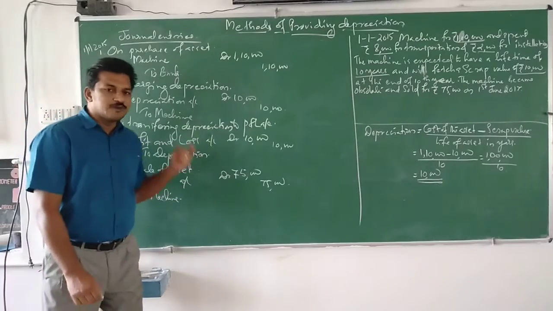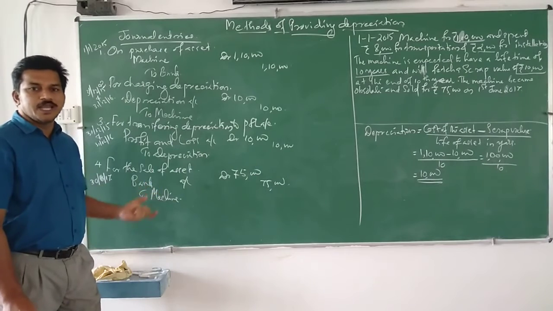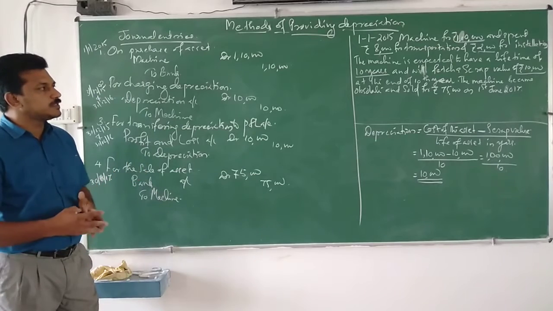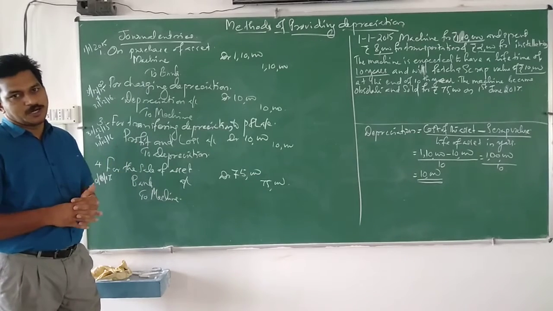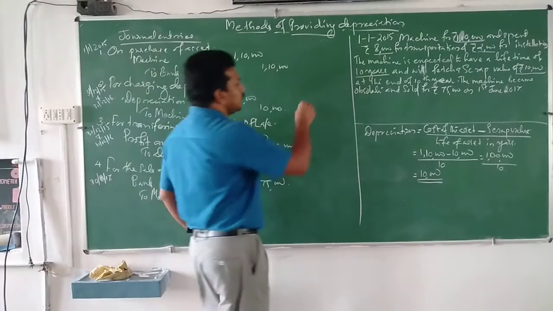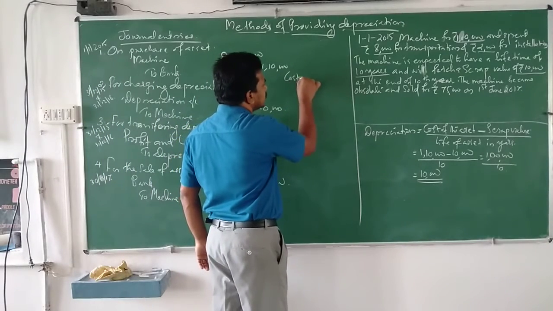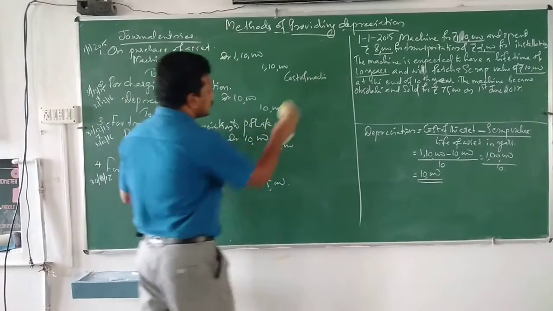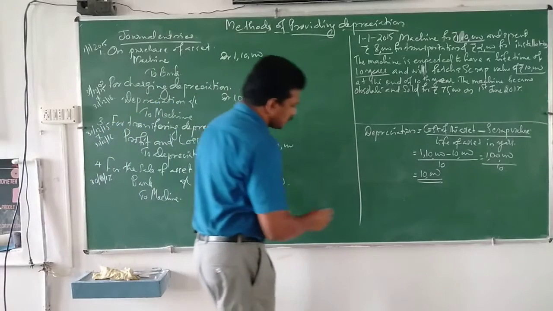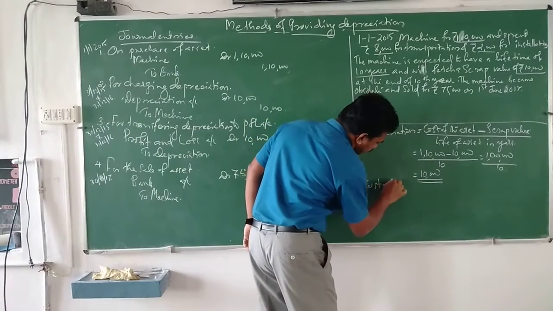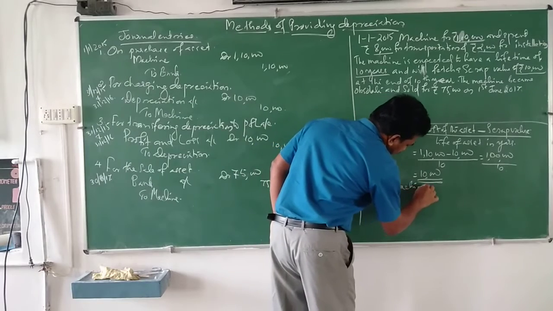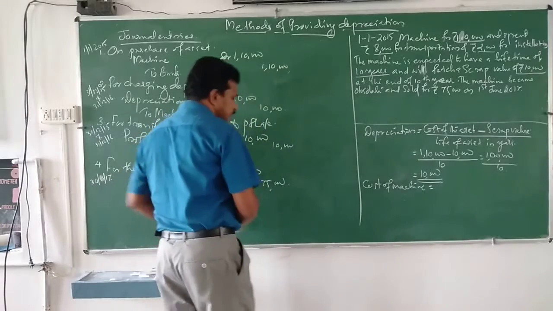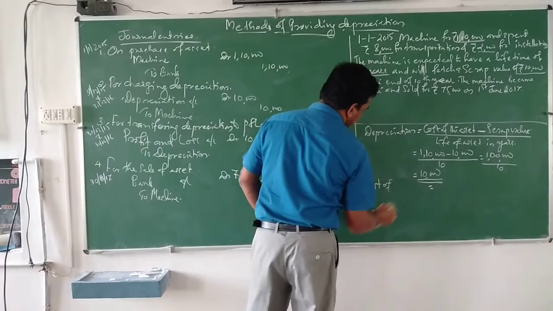Now we have to find out one more thing, whether the sale is at profit or loss. How can we calculate? It is easy to calculate. How? Instead of the cost of machine, we have to write the depreciable value only.